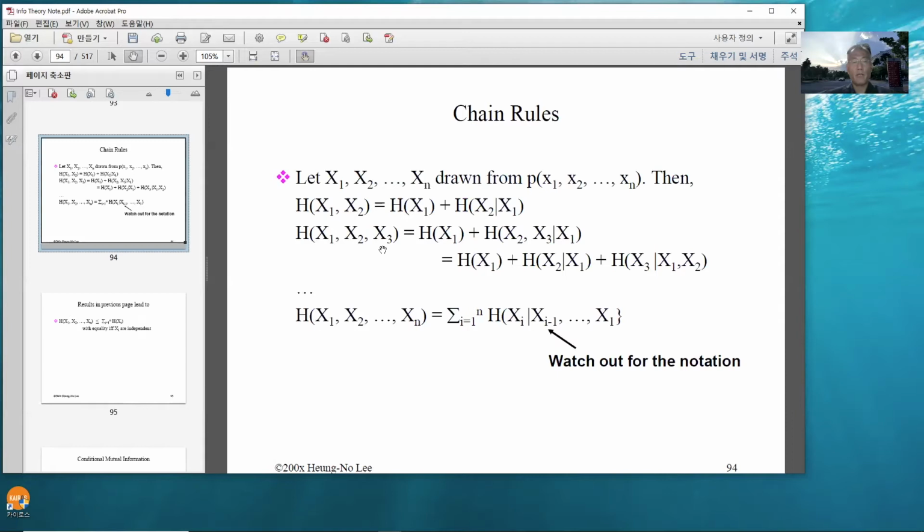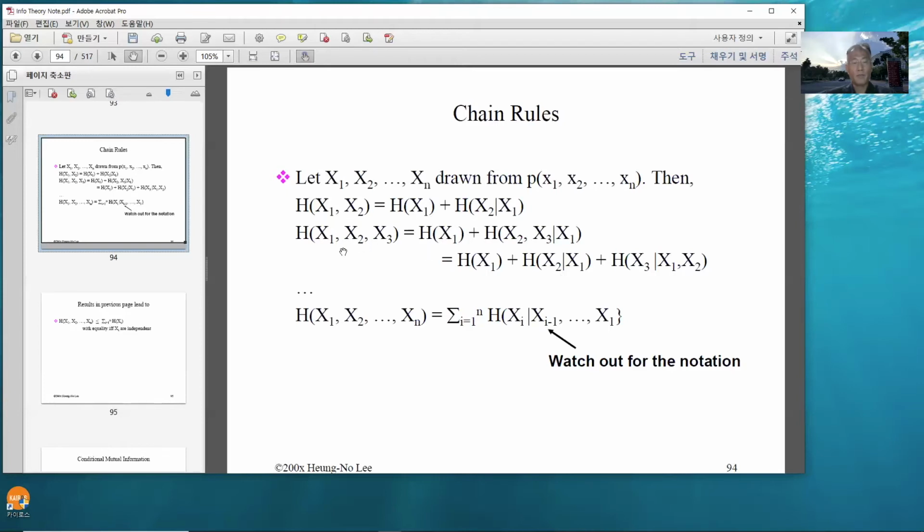And then if you do the three of them, then the entropy of x1 conditioned on x2 and x3, and then applying one more time on this one, now to x2. So conditioning up here, right here, and then the left one is right here. So entropy of x1, x2, x3 jointly is entropy of x1, plus entropy of x2 given x1, plus entropy of x3 given x1 and x2.